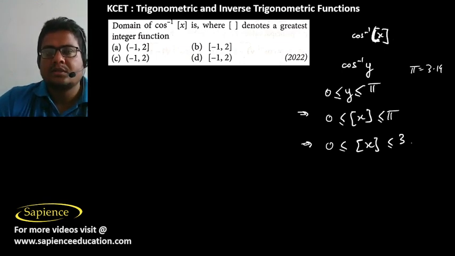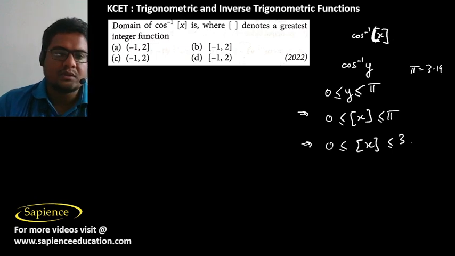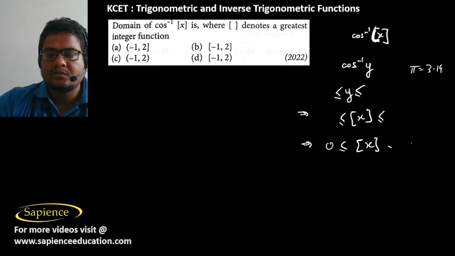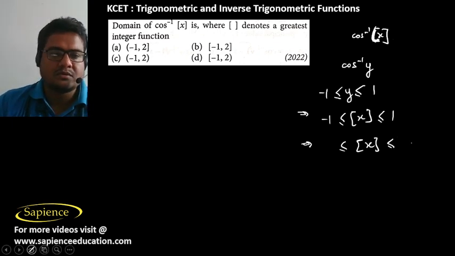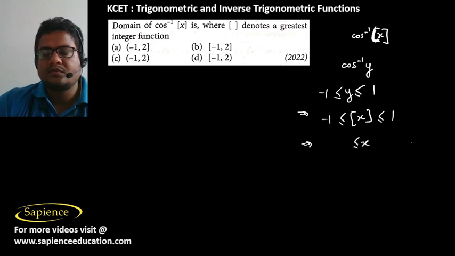No, sorry. Here the output of cos inverse is wrong as I said; the input y should go from minus 1 to 1. So bracket x should go from minus 1 to 1. It means that x should go from minus 1 to 2.